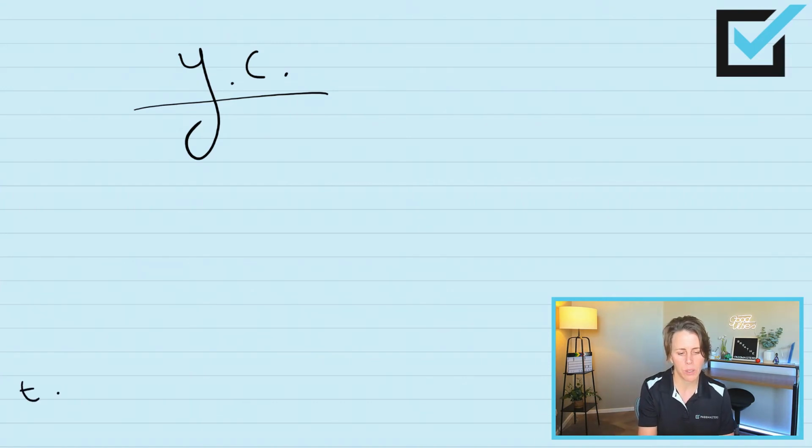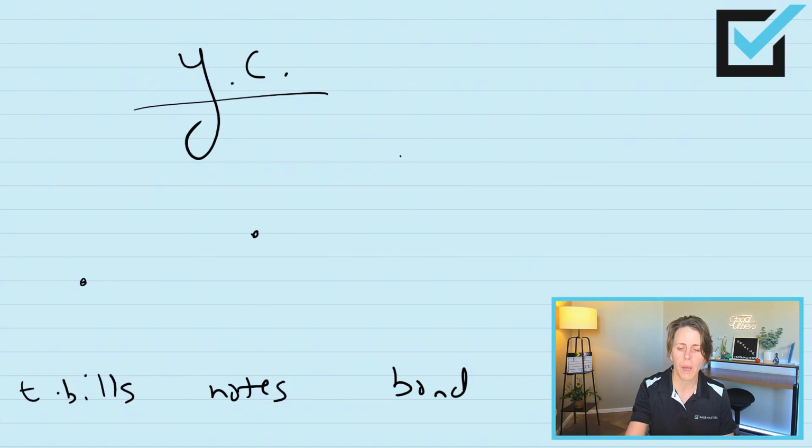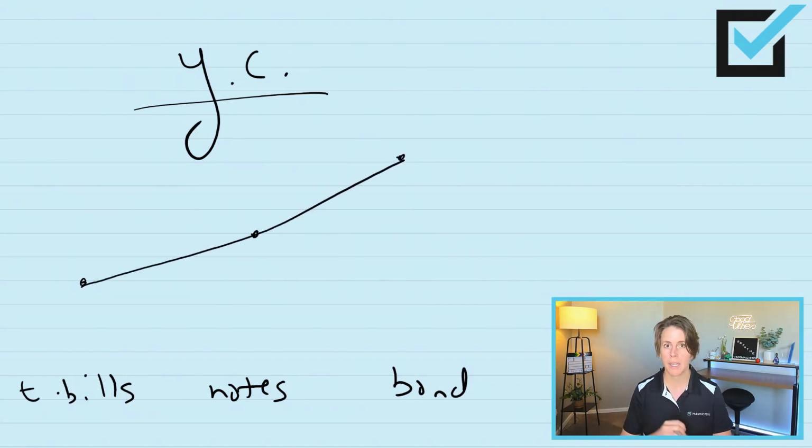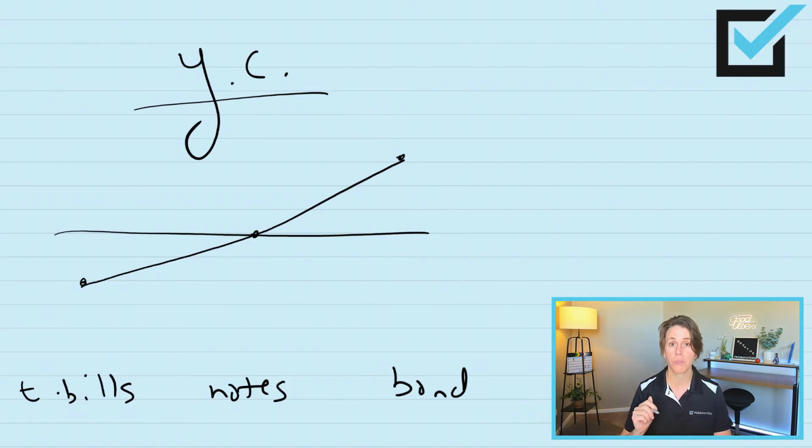So we're going to look at Treasury bills, Treasury notes, and Treasury bonds. A normal or positive yield curve has an upward slope. A Treasury bond has the longest term to maturity, up to 30 years, and investors are going to demand a higher yield on a long-term instrument. That would be normal. If they were all about the same, we would call the yield curve flat.